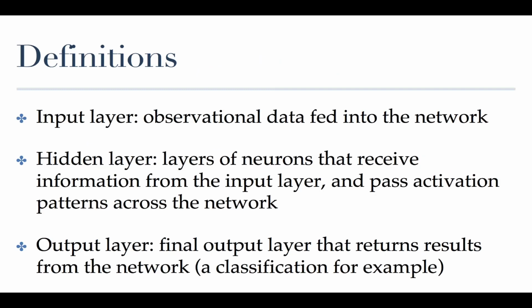In order to build a neural network, a deep learning model, there are 3 things that are required. You have to have an input layer. This is a layer of neurons that would be activating to stimuli.